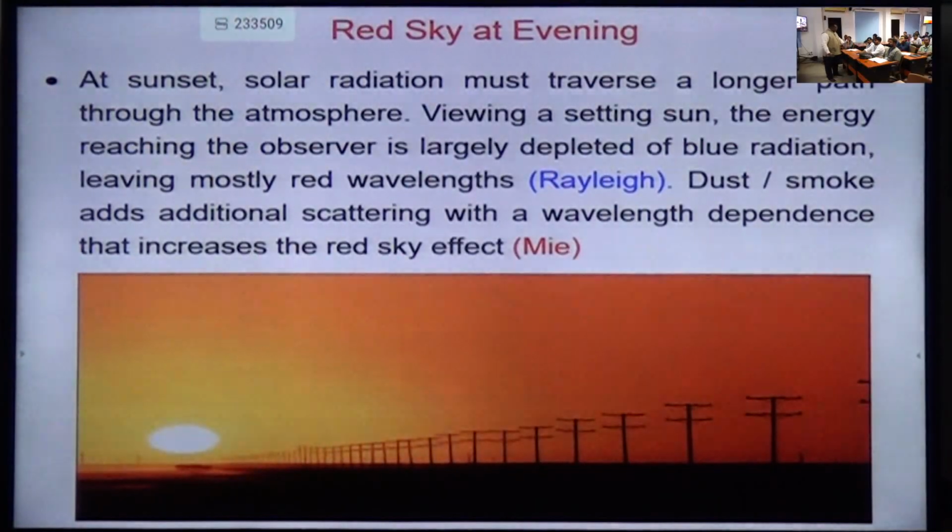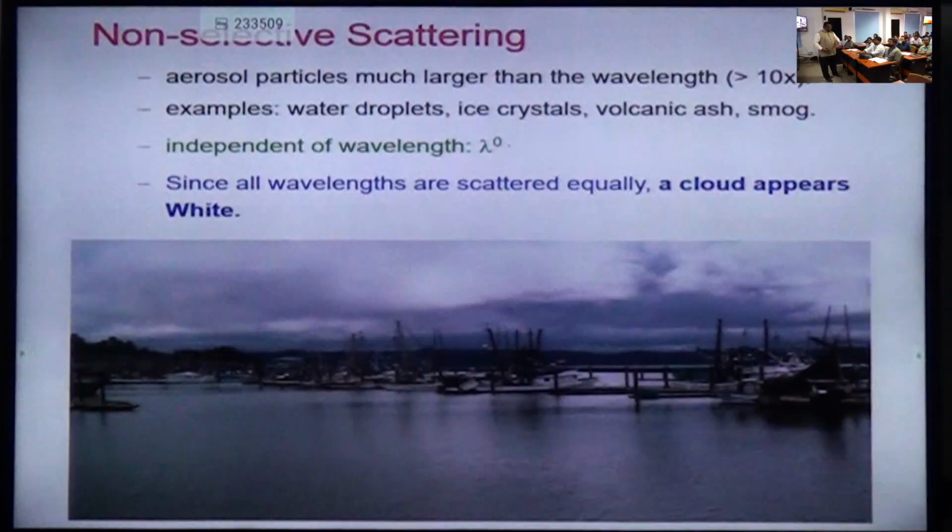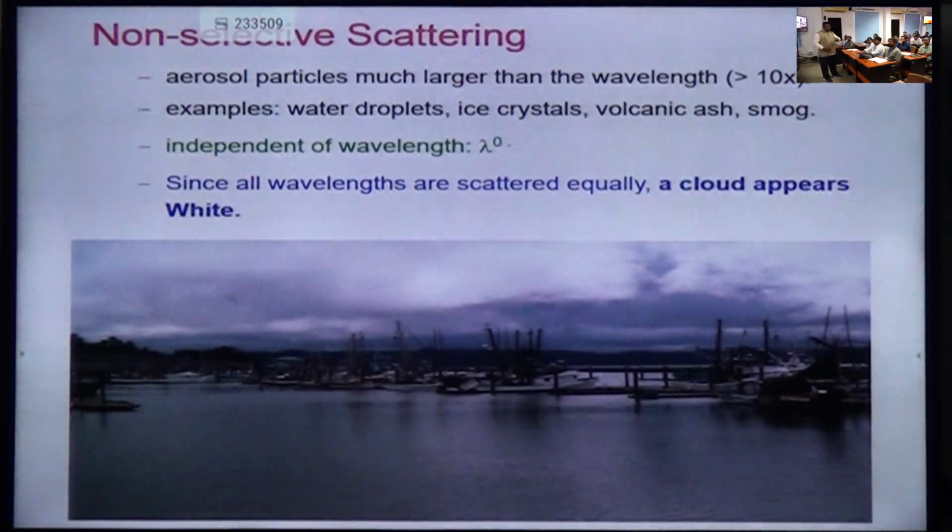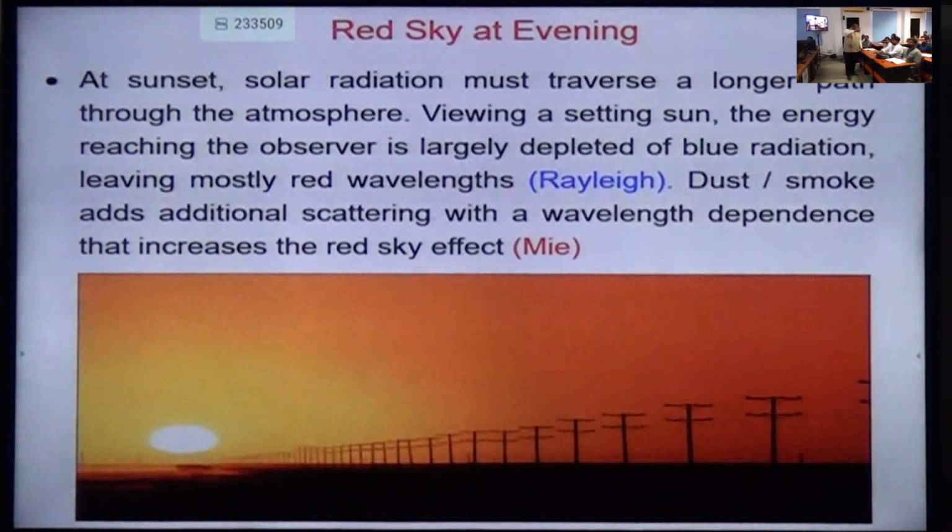Blue wavelength is shorter when compared to the red and orange: violet, indigo, blue, green, yellow, orange and red. Because of the distance, all these colors are exhausted. Orange and red will remain because they travel more distance. That's why during sunset and sunrise, you can see the orange color and then light red.